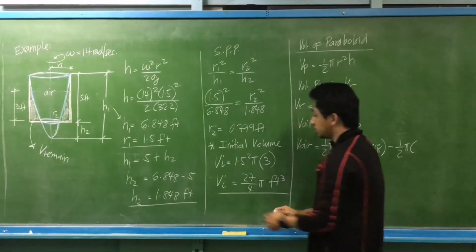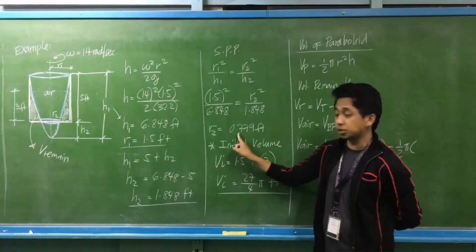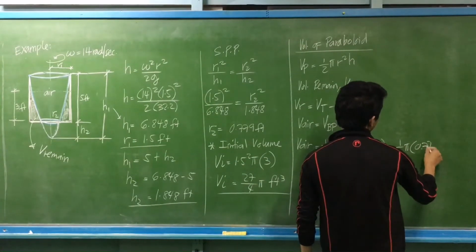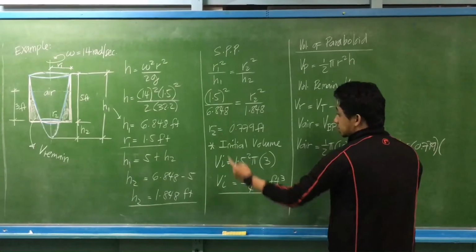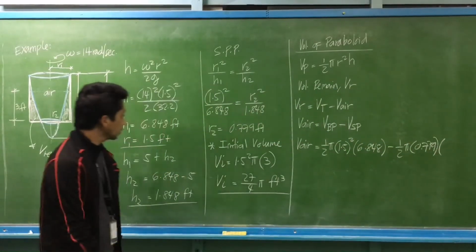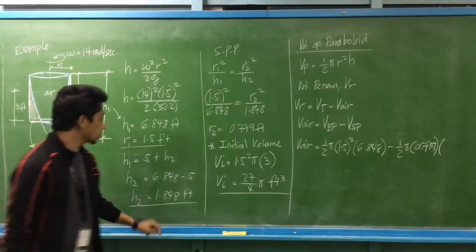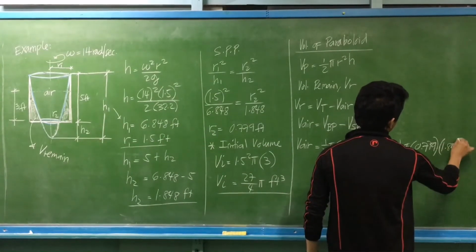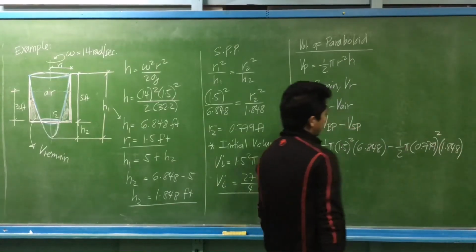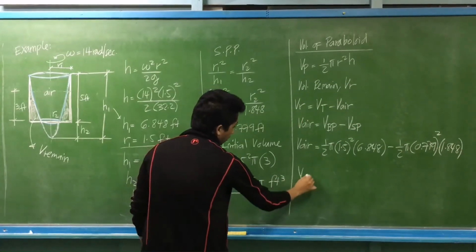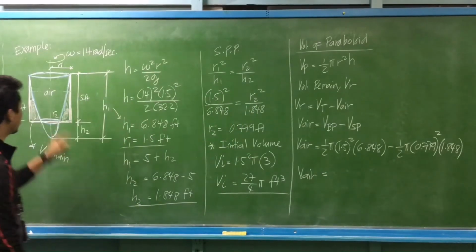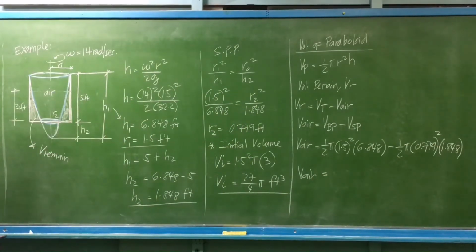The computed radius of the smaller paraboloid is 0.779. What is the height of the smaller paraboloid? The height is 1.848. So this is squared. So let's compute the volume of air inside the tank, which is the difference of the two volumes.